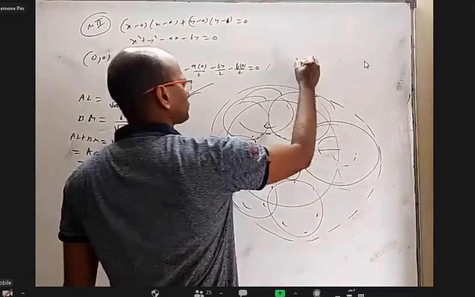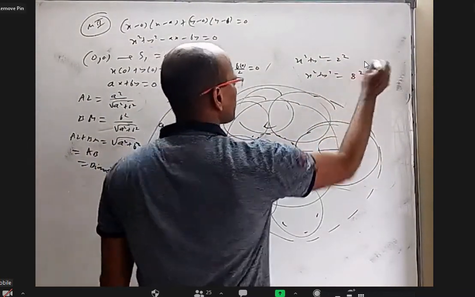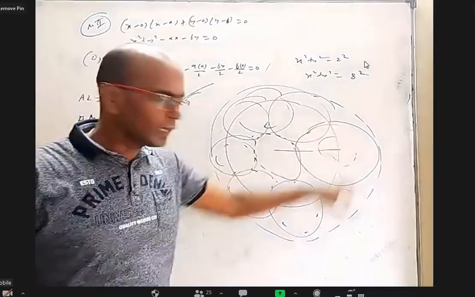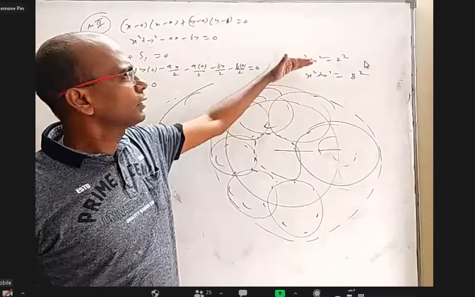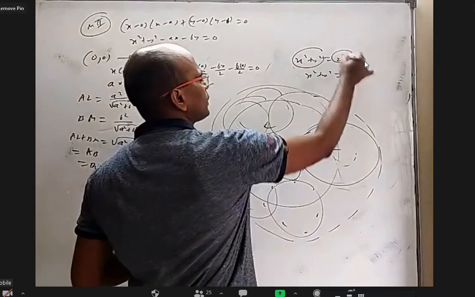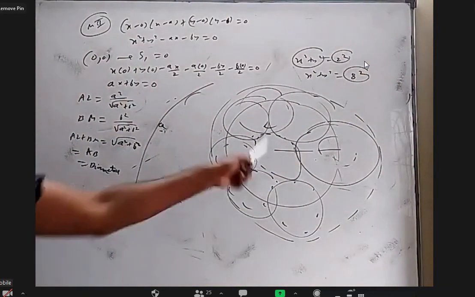So it lies between x square plus y square equal to 2 square and x square plus y square equal to 8 square. Any point on this circle at any instant has to lie between these two circles. That's why the x square plus y square value should be between 4 and 64, a closed interval, because it can even be on the circle.